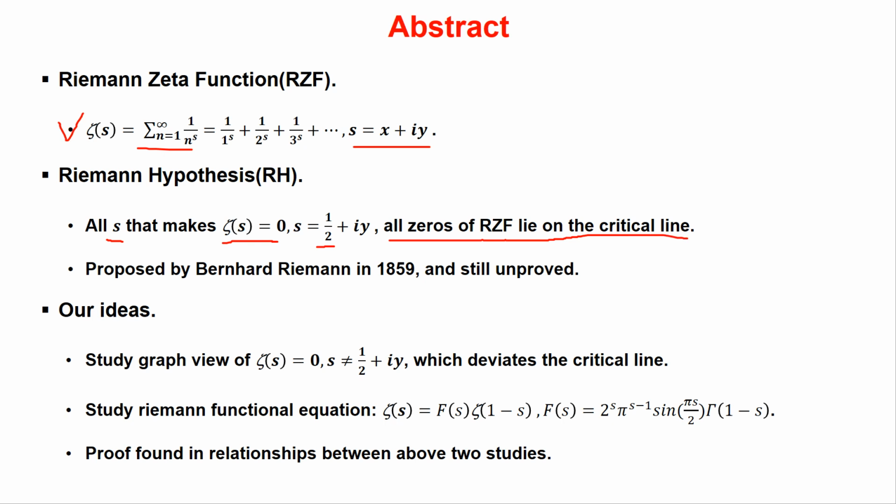It was proposed by Bernhard Riemann in 1859 and is still unproved. Our ideas: study the graph view of the Riemann zeta function which deviates from the critical line, and study the Riemann functional equation.